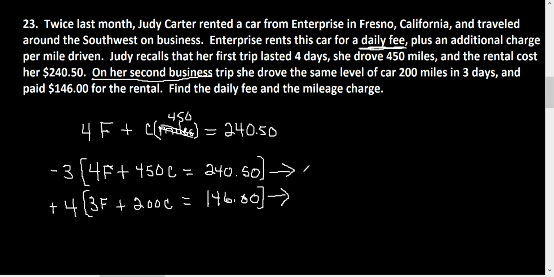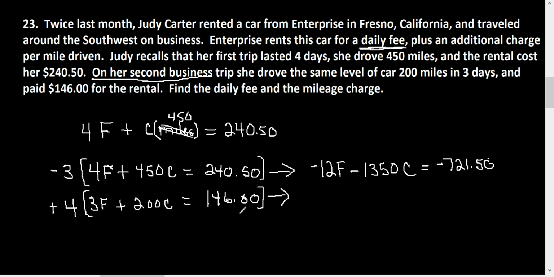So anyway, here I'm going to have what? Negative 12F minus 3 times 450, which is 1350, C equals negative 3 times 240.50, which is negative 721.50. Okay.